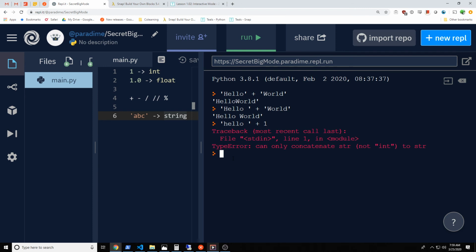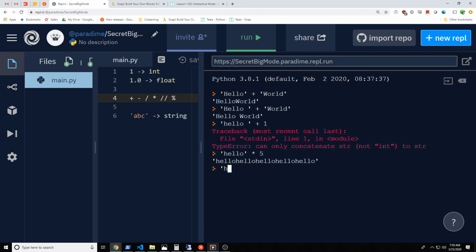We can add them together, but we can also, and you guys will see this in the lab, we can't do addition, we can't do subtraction, but we can do multiplication with integers. So if I do hello and then 5, it'll print me hello, hello, hello 5 times.